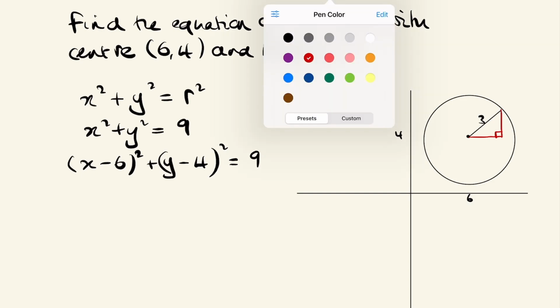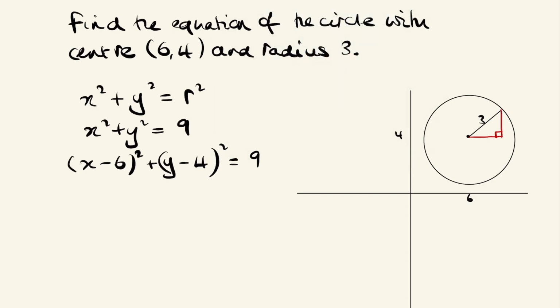Now, if you consider that we know that this distance to here is 6, if we go a little bit further up, we can call that distance at the end of the bottom of the triangle x. And therefore, this distance is x minus the 6. So it's the x distance minus the 6.